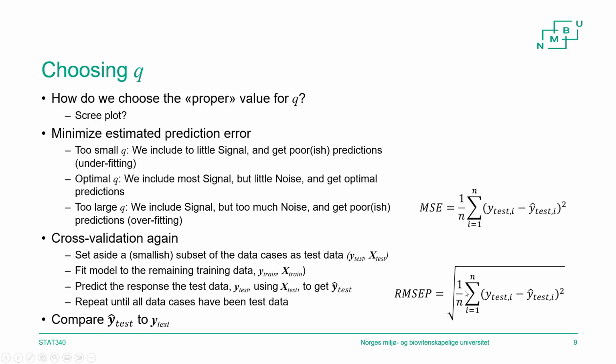You can see it's the same thing without the square root. It doesn't matter if you take this, everything is just scaled up or down. The minimum is the same. If this one has the minimum for Q equals 3, this one will also have the minimum for Q equals 3. So square root or not, it doesn't make any difference at all.